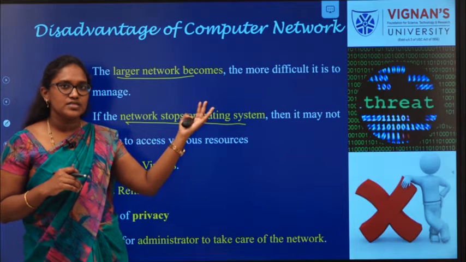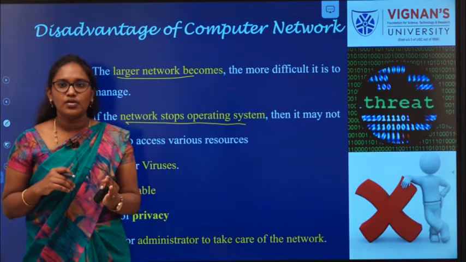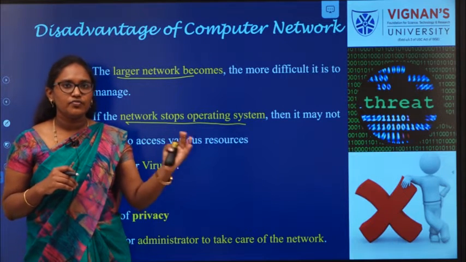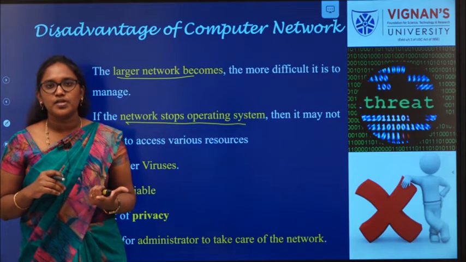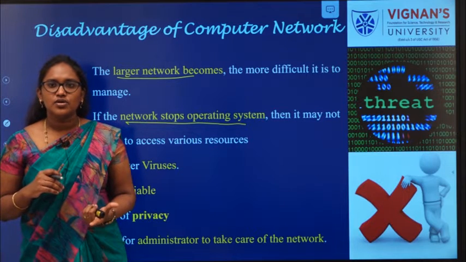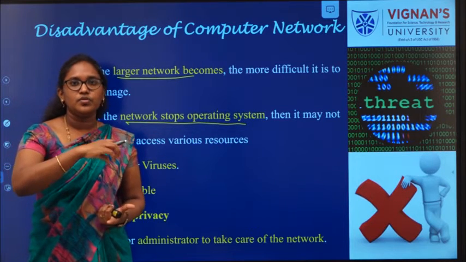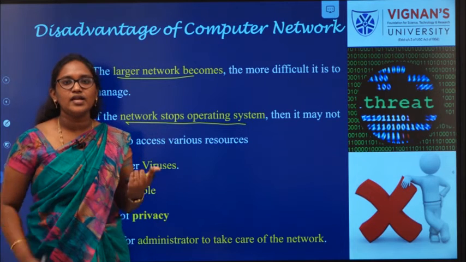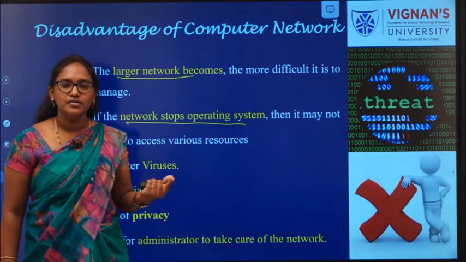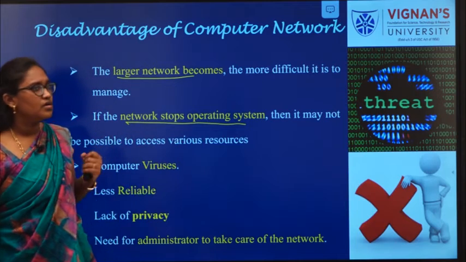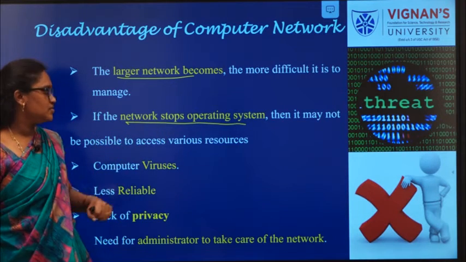So in the previous example you are having 5 networks. For each network it is distributed 20 pages, total 80 pages, right? So if any of the networks, for suppose the second network, fails working, obviously it affects the complete work. That is the meaning of stopping operating system.